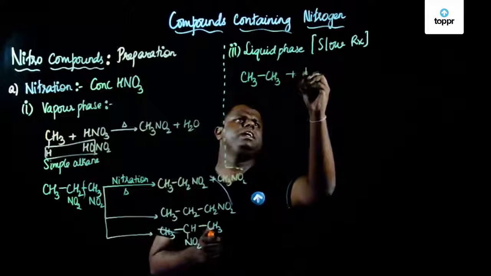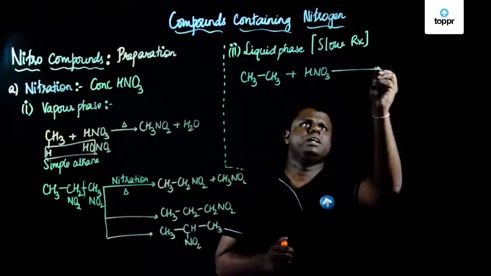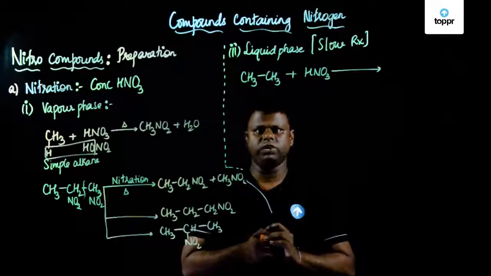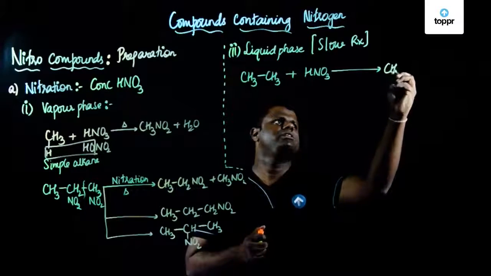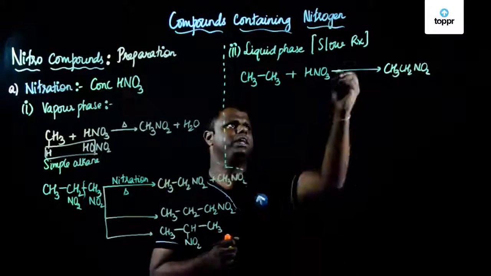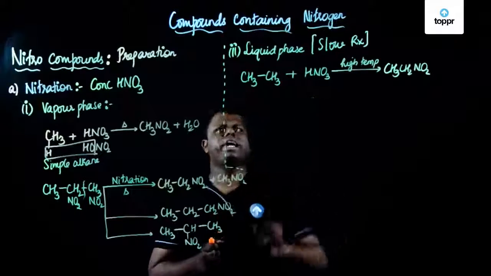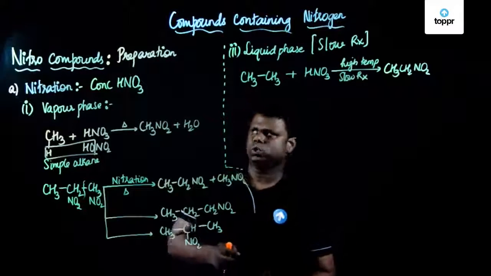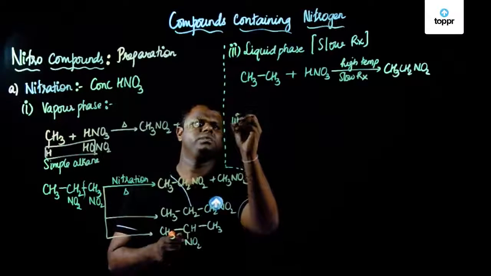This is strongly heated in HNO3, that is liquid HNO3, which is not completely dilute, but neither is it concentrated nitric acid, wherein you get CH3CH2NO2. So you get nitroalkane, at very high temperature. High temperature is needed so that the reaction happens, and the drawback of this reaction is that it is a very slow reaction.